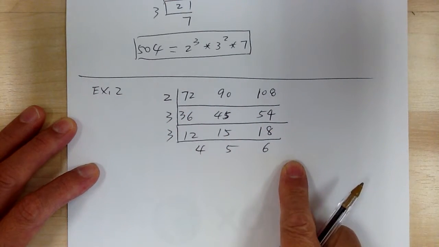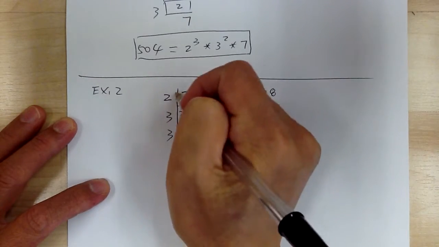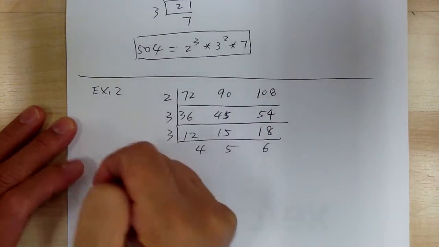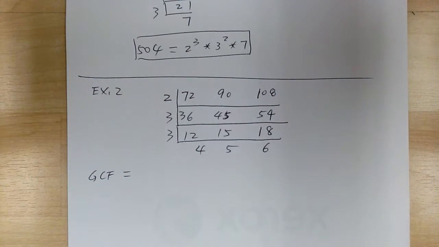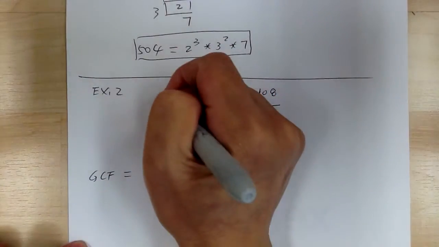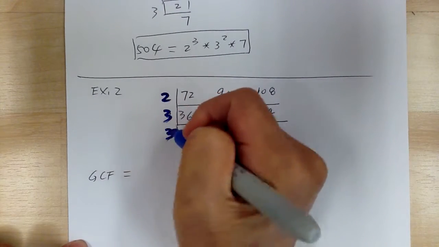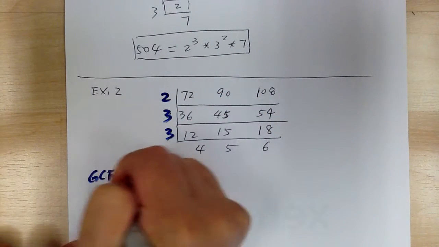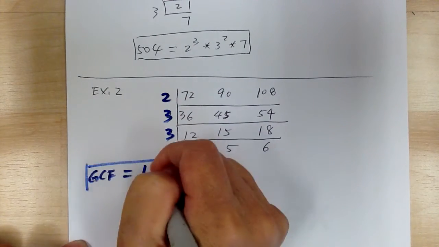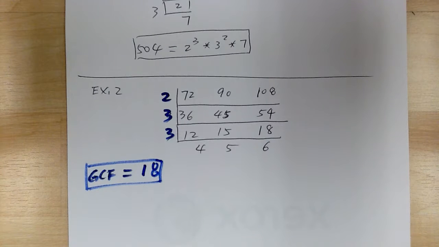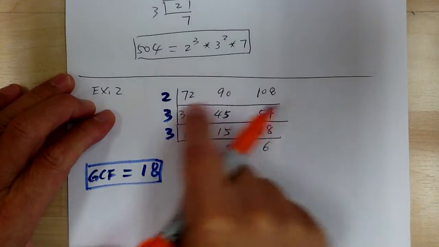And that's it. So again, you always get the GCF first. Your GCF will equal, I'm going to color code for you, the 2, the 3, and the 3, the blue numbers over here, equal to 18. After you get your GCF, you can continue on to get the LCM. For GCF, all 3 numbers must be divisible by the number.